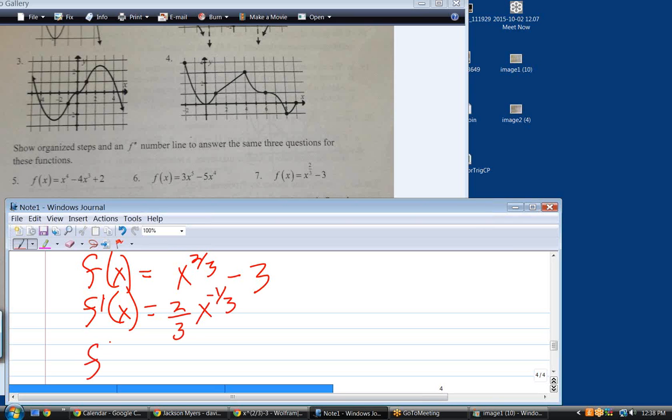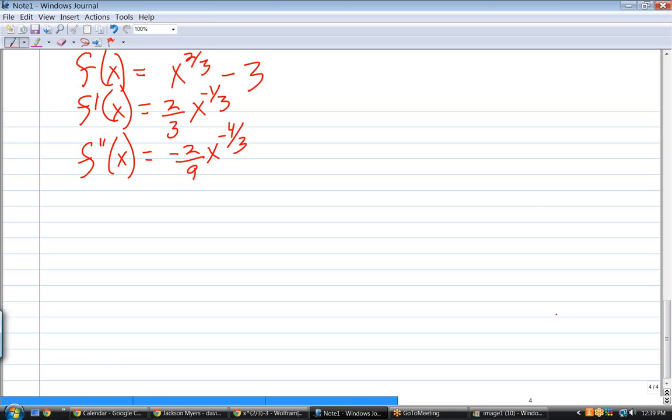And second derivative is, always start by taking your exponent, that's your starting spot, multiplying it by the coefficient. So negative 2/9, so negative 4/3.